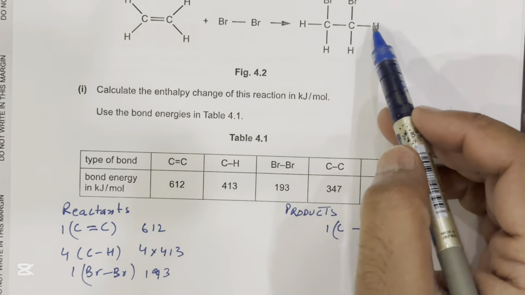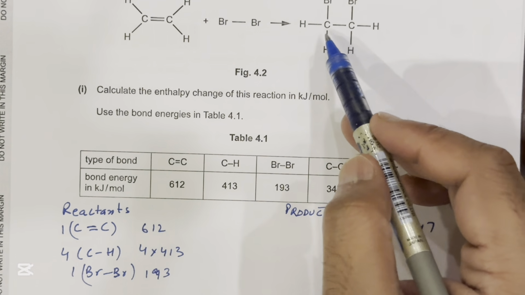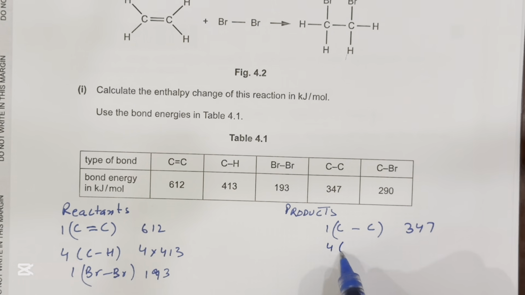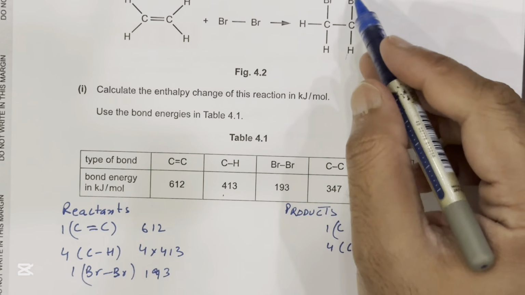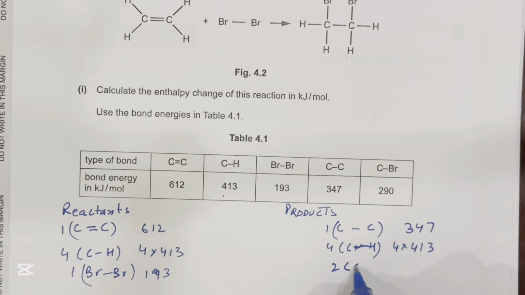And you can see there are 4 carbon hydrogen bonds, and carbon hydrogen has a bond energy of 413. So it should be multiplied by 4 because there are 4. Now you can see that there are carbon bromine bonds. There are 2 carbon bromine bonds, so you need to multiply by 2, and this bond energy is equal to 290.